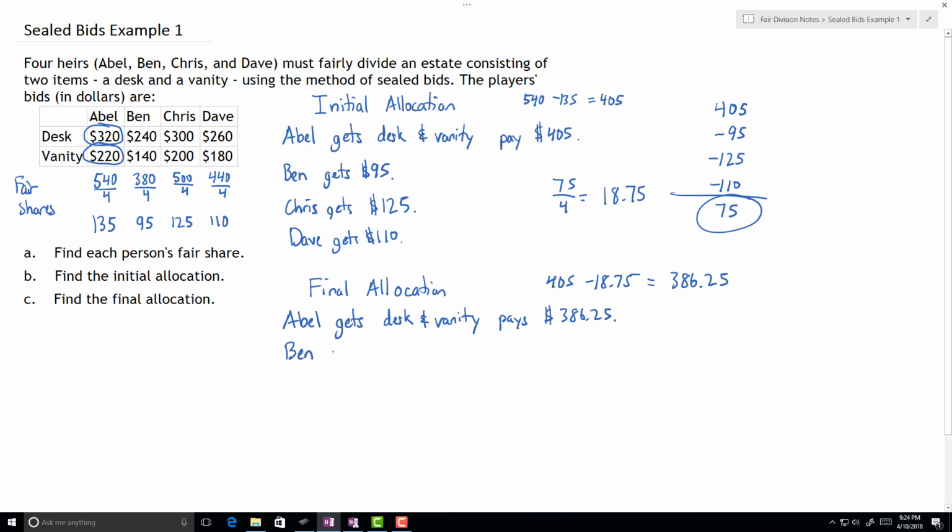Now Ben, he had $95, and we add to that for Ben $18.75. Tough time with the eraser there. Adding those up, that puts his total at $113.75.